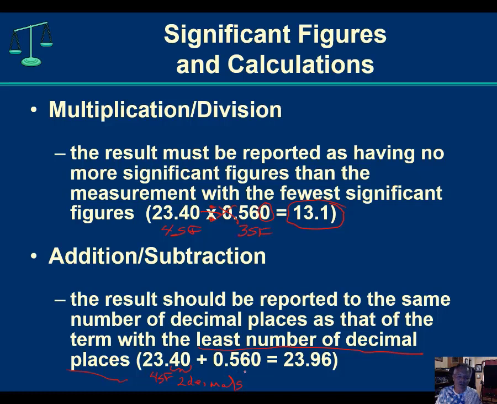In this measurement, I have 3 significant figures, but I have 3 decimal places. And 2 decimal places is fewer than 3 decimal places, so my result can only have a maximum of 2 decimal places.